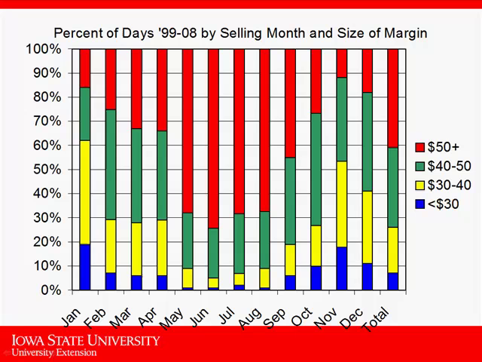What percent of those days were either $50 or higher, 40 to 50, 30 to 40, or under 30 over that 10-year period by month? For example, in June and July, there are very few times the crush margin ever got below 30. So if I was looking at the crush margin for June and it was offering me $28, I probably wouldn't jump at that one, right? There's about a 98% chance it's going to be better.